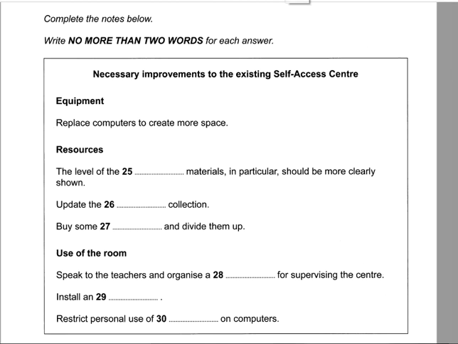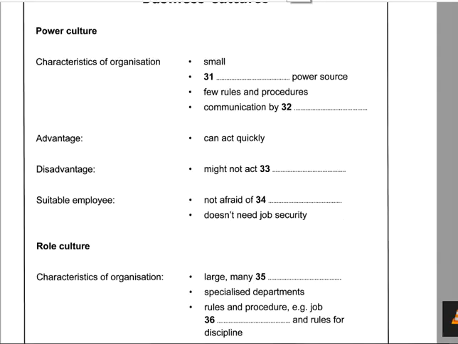That is the end of section 3. You now have half a minute to check your answers. You will hear the beginning of a lecture about business cultures. First, you have some time to look at questions 31 to 40.